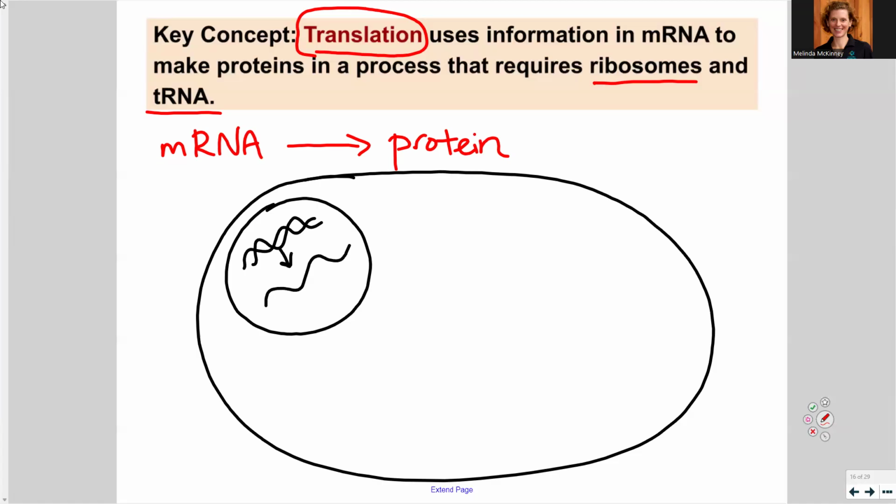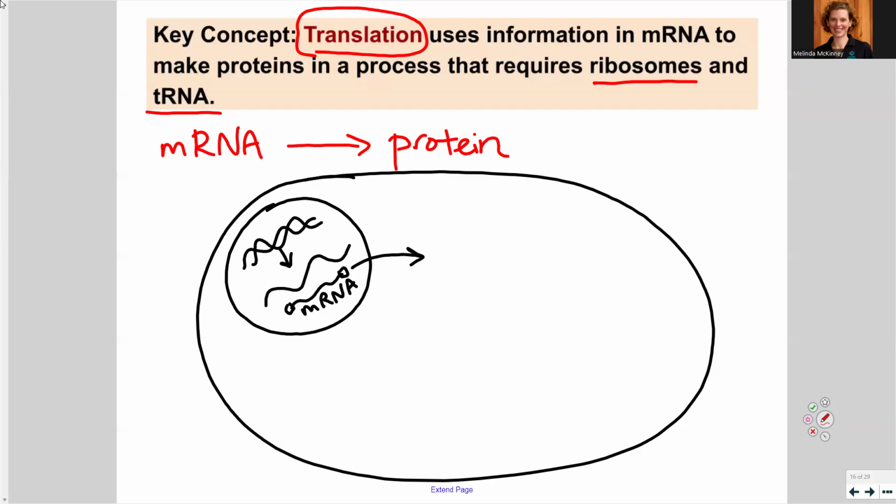Messenger RNA is then modified, spliced together, shortened up. We put a 5' cap on it, a poly A tail, take out the introns, and it's ready to go. Then the messenger RNA, which is this, leaves the nucleus, and this is where we're at.